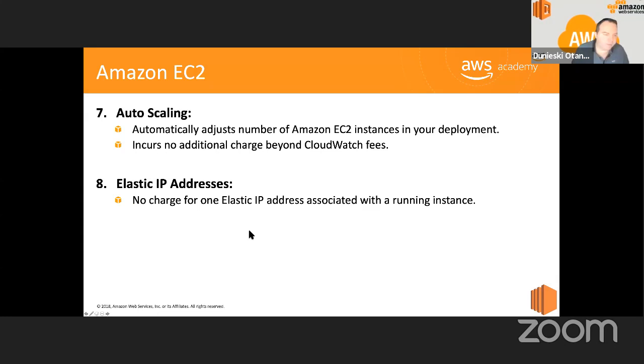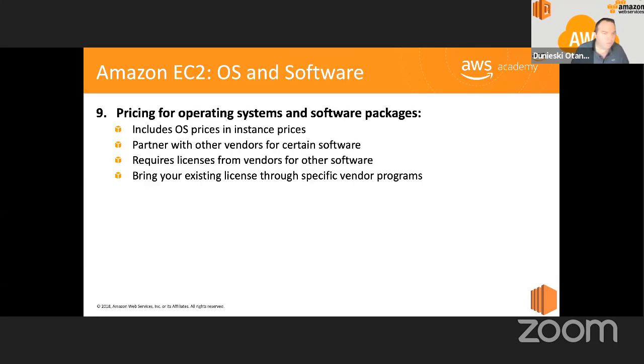If you don't have a static IP address, your EC2 instance is going to be assigned a different IP address every time you stop the instance, which is not completely good. Pricing for operating systems and software packages includes OS prices and instance prices.